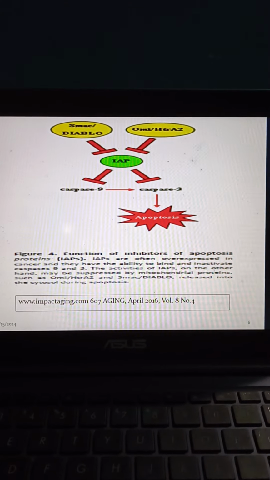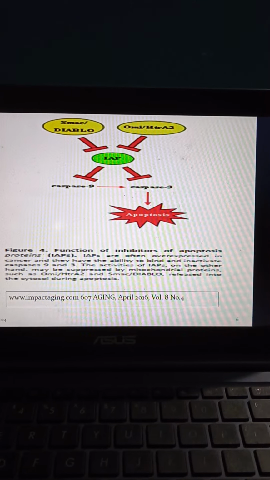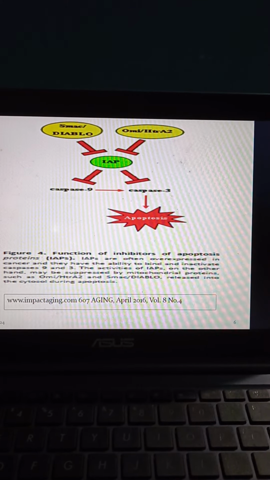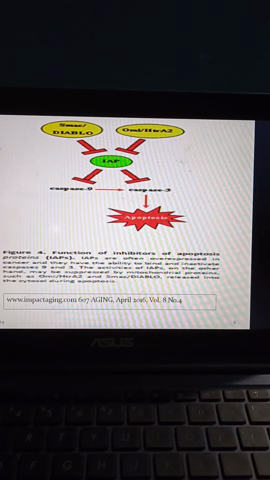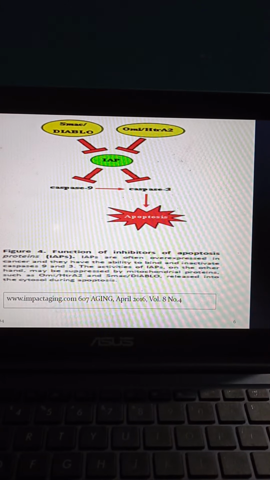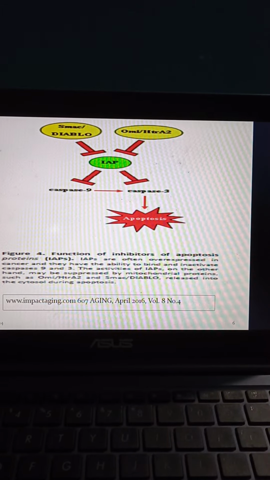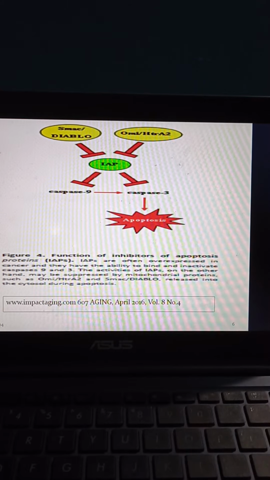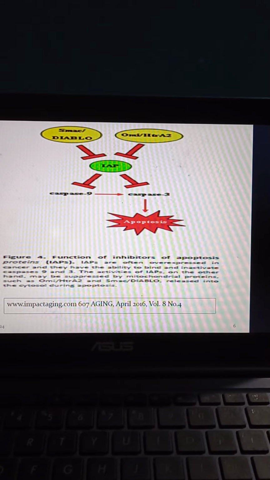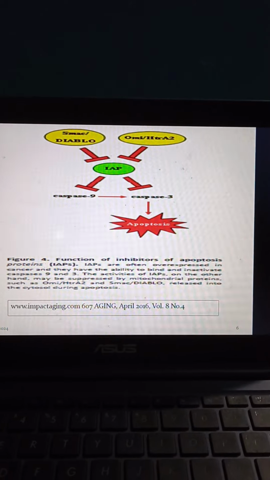Then this is another diagram showing the function of inhibitors of apoptosis proteins, IAPs. IAPs are often overexpressed in cancer and have the ability to bind and inactivate caspases 9 and 3. The activities of IAPs may, on the other hand, be suppressed by mitochondrial proteins such as Omi/HTRA2 and SMAC/DIABLO released into the cytosol during apoptosis.